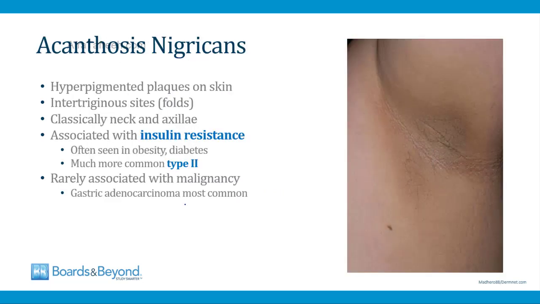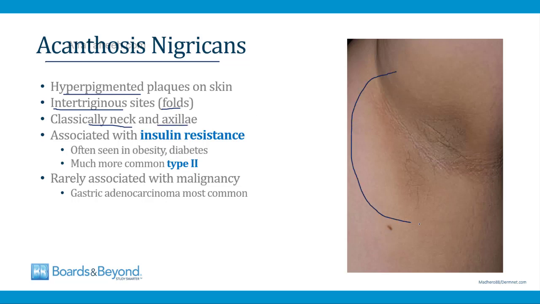And then the last thing I'll mention in this video is a skin finding called acanthosis nigricans. This refers to hyperpigmented or darkened plaques of skin. They classically develop at intertriginous skin sites, which are folds of skin, places like the base of the neck or the axilla. This is a picture of acanthosis nigricans in the axilla of a patient here. And you should know that this finding is associated with insulin resistance.